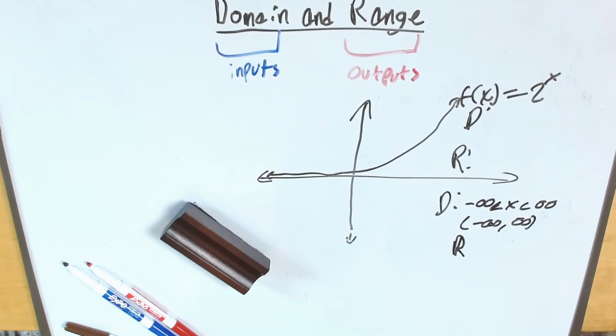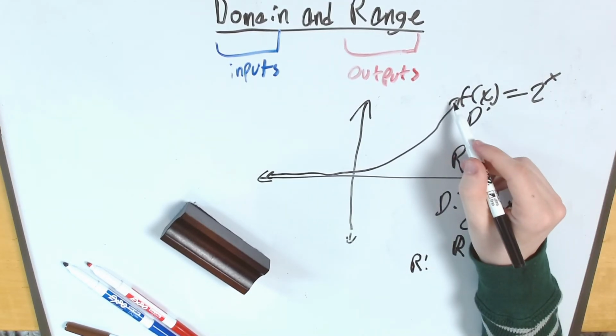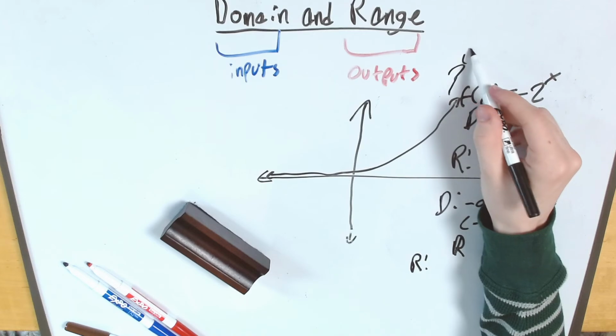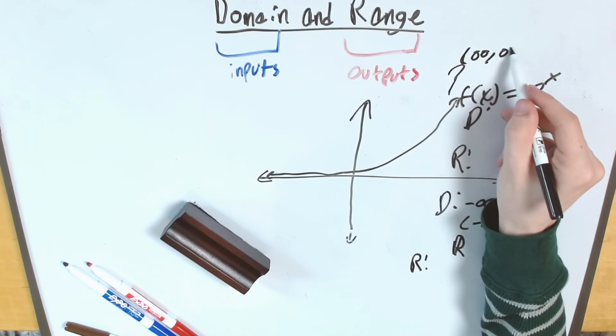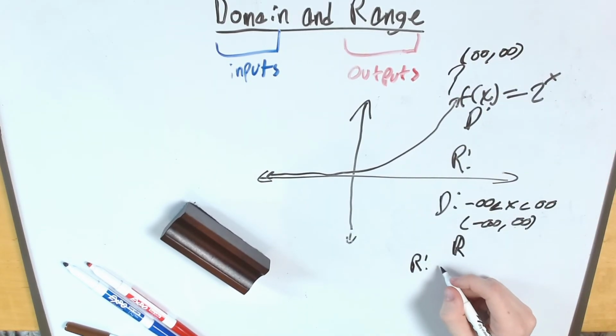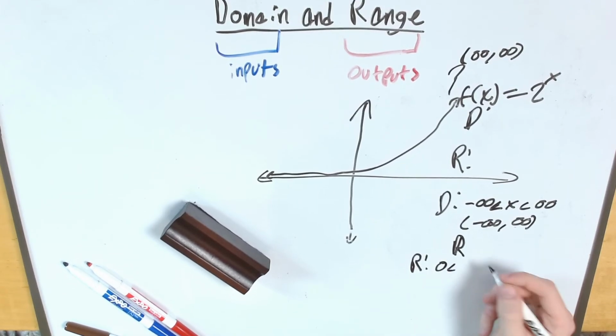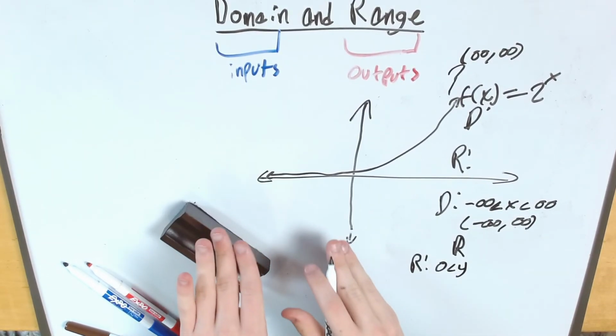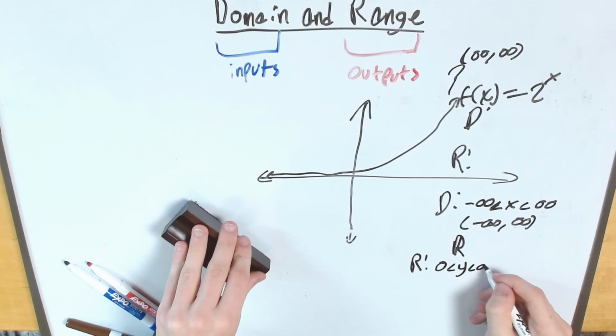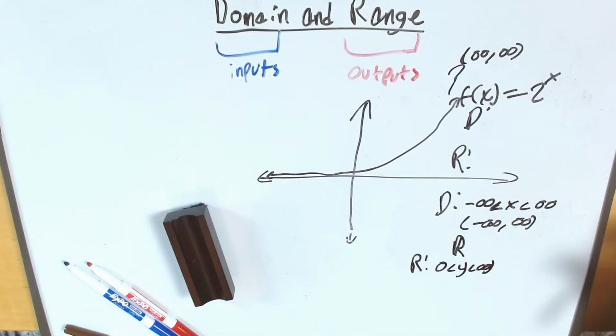The range is where things get a little more tricky. Because remember, we don't actually get to 0. But thankfully, that's actually not as much of a problem. We know we go all the way up to infinity, right? Because here our max point is infinity, infinity. But we don't get to 0. So we can say, okay, our y's never get to 0, but they do get close to infinity.